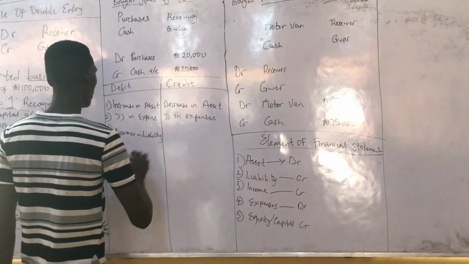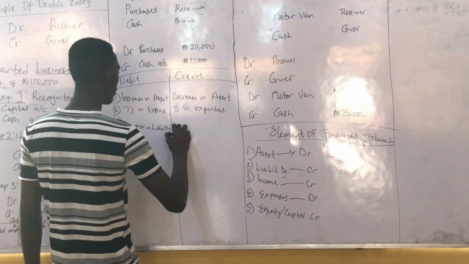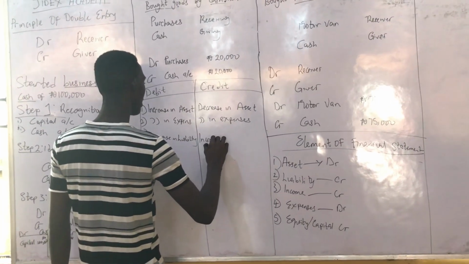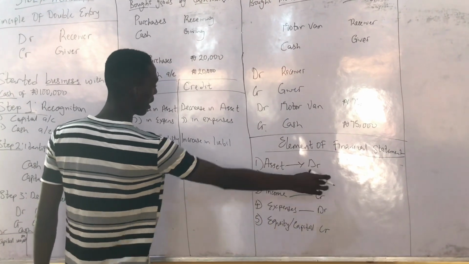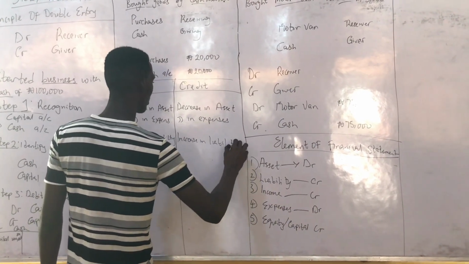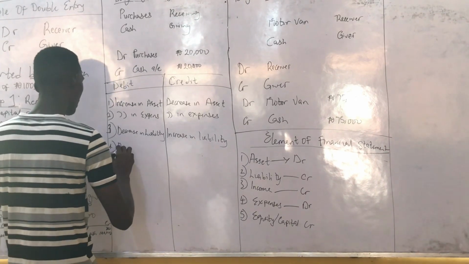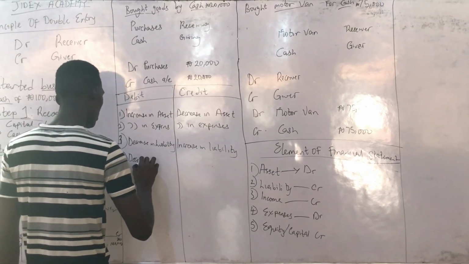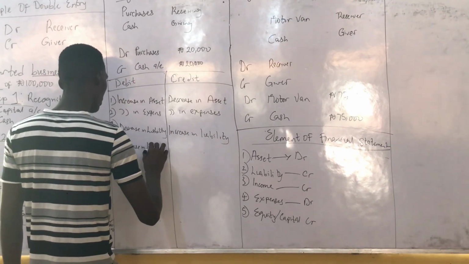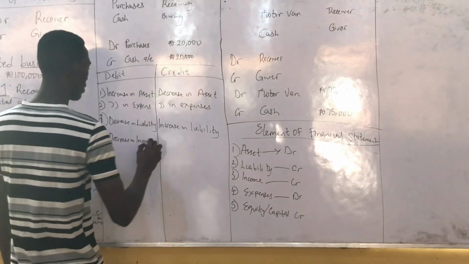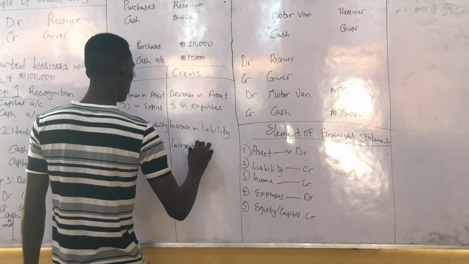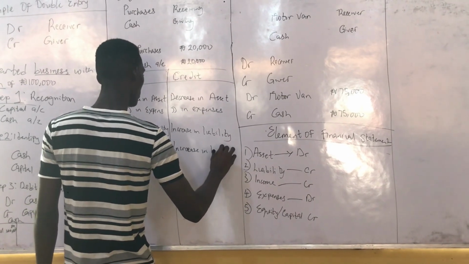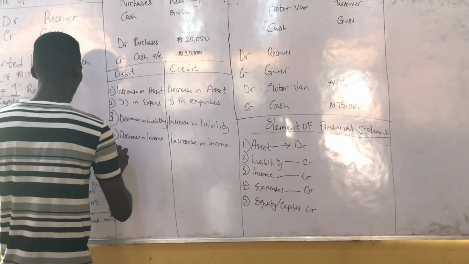On the other side, whenever there's an increase in liability, you credit it. Why? Because its normal balance is a credit balance. We also have an increase in income, which you credit.